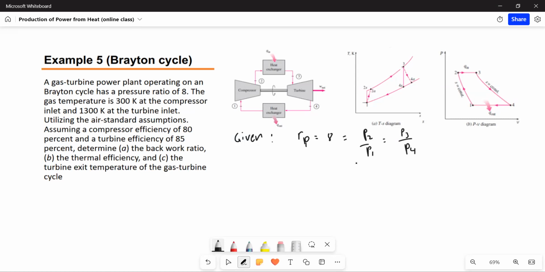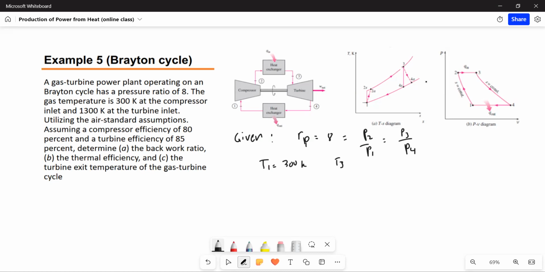Now, what else is given? Gas temperature is 300 Kelvin at the compressor inlet. So T1, and this is the compressor inlet, T1 equal to 300 Kelvin and T3, what's 1300 Kelvin, turbine inlet, T3.